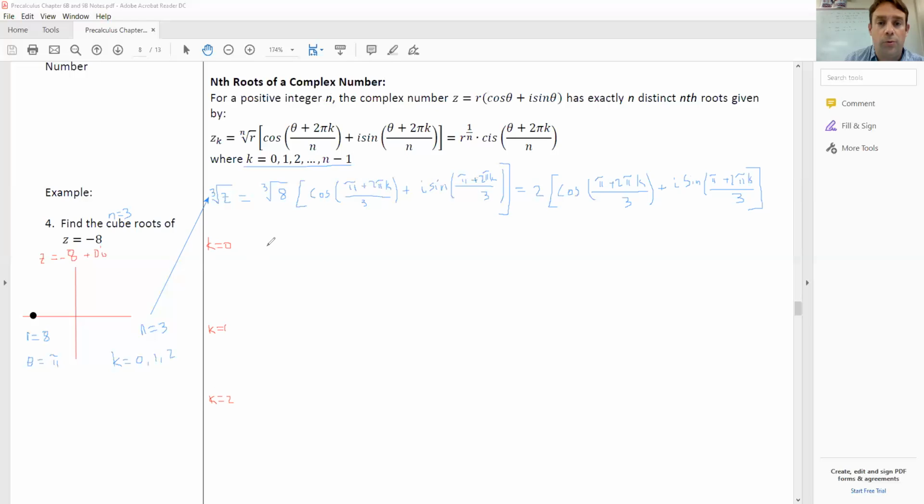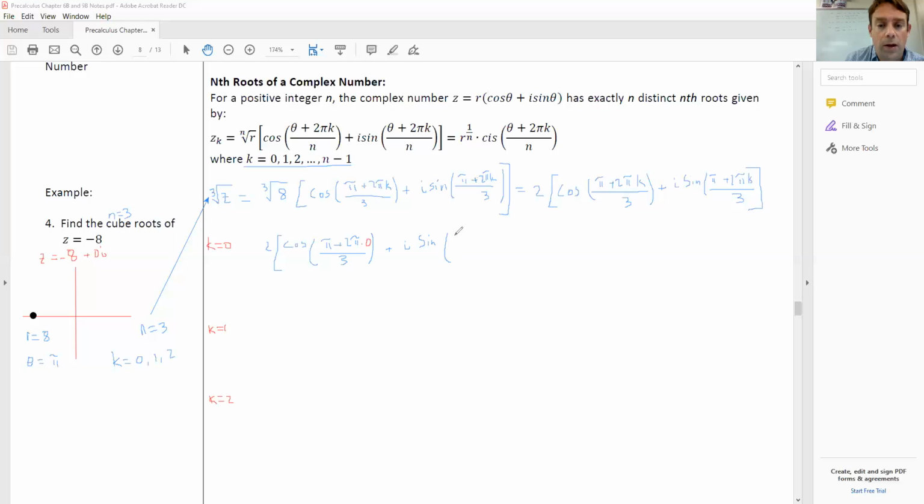So my first root, it's this entire thing, but in place of k, I'm plugging in 0. I'm not going to write it all out for you, but I do want you to see how the whole thing ends up working.